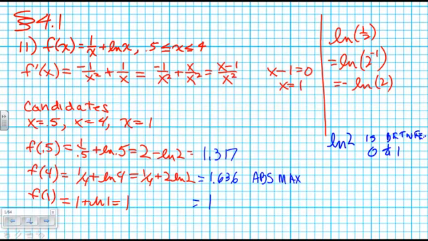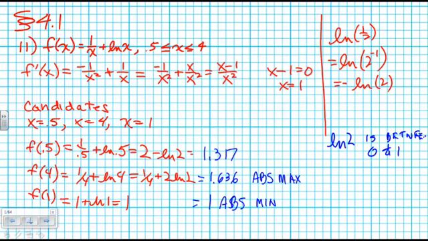We declare this one to be the absolute min. This one, by the way, do we know whether this is a local maximum or a local minimum? It could be either, couldn't it?